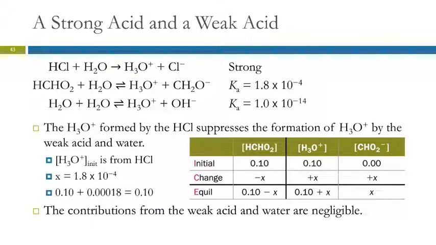And there's no equilibrium there. It just goes. It's done. So that's our starting amount. And then our starting amount for the weak acid's conjugate base is 0. And then we go minus x, plus x, and plus x, and we end up with this. And we can calculate that. Here's our weak acid equilibrium constant. That's going to be 0.10 plus x times x divided by 0.10 minus x.